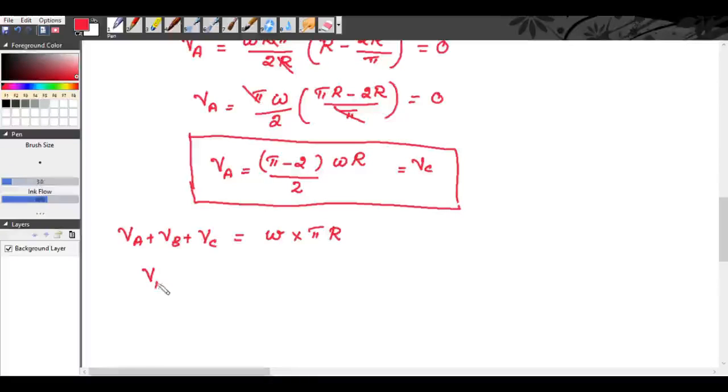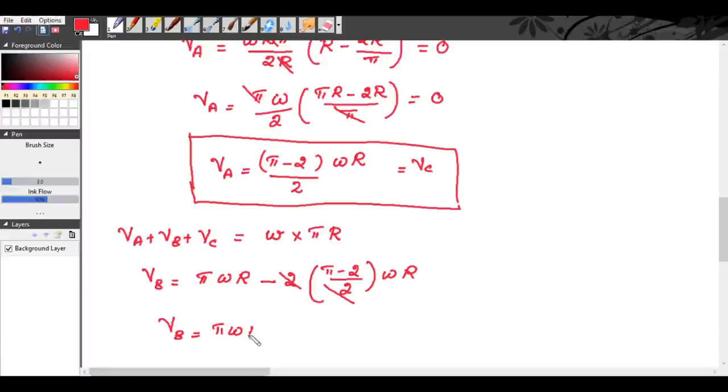So VB is equal to pi WR minus 2 times VA plus VC, right? So both are same. So 2 times pi minus 2 by 2 into WR. You can cancel this 2 too. So we get VB is equal to pi WR minus pi WR plus 2WR.